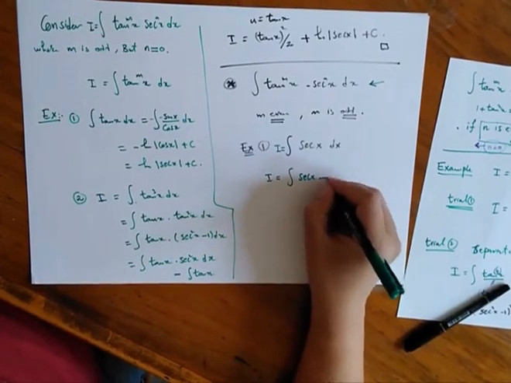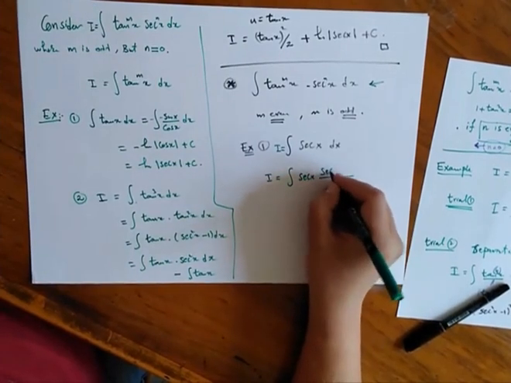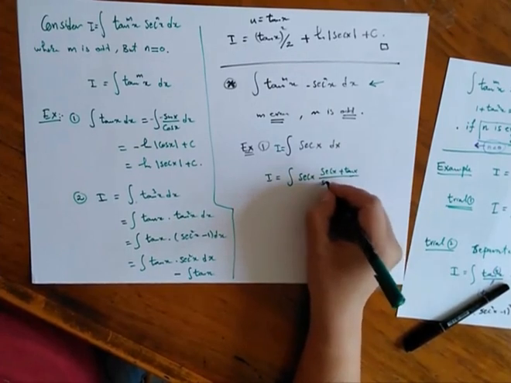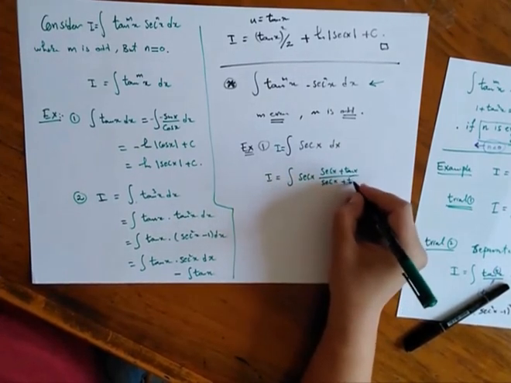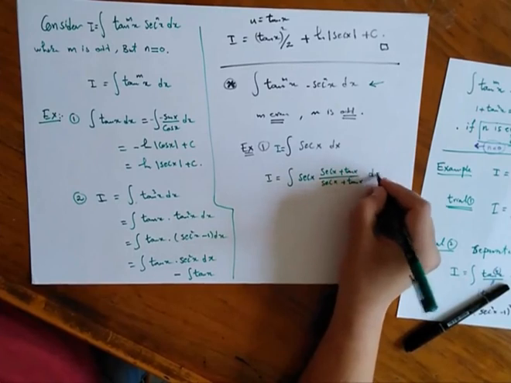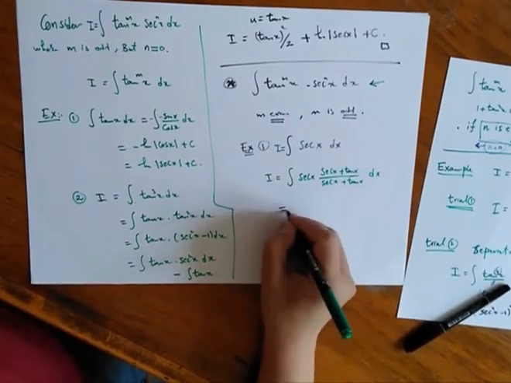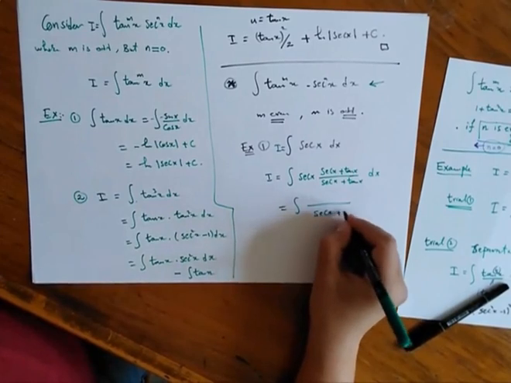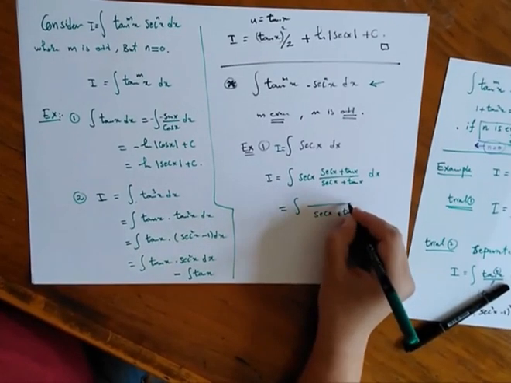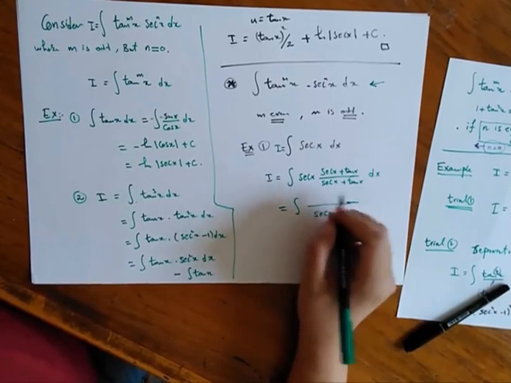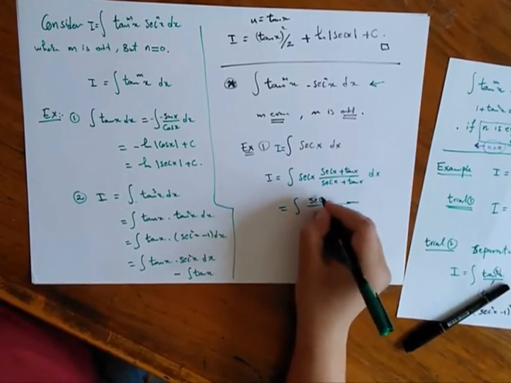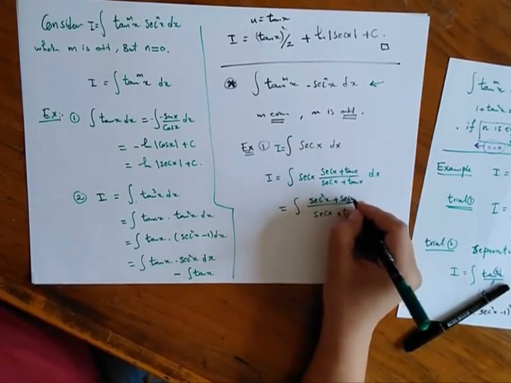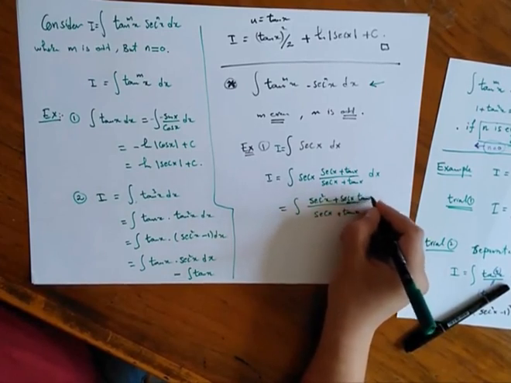Actually, you can multiply up and down by sec plus tan over sec plus tan with respect to x. Then you will have sec x plus tan x in the denominator, and in the numerator you will have sec square x plus sec x tan x.